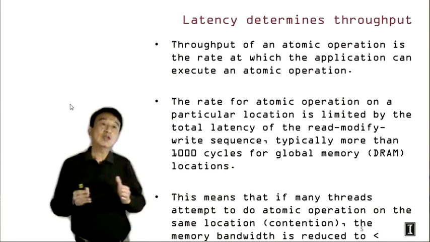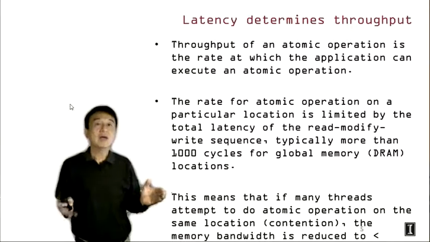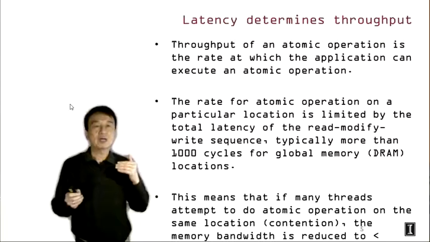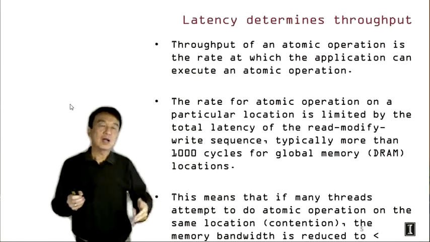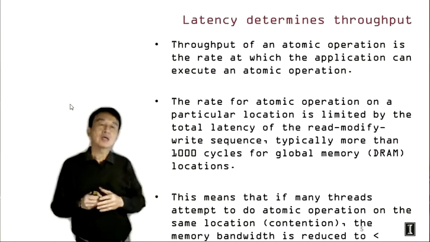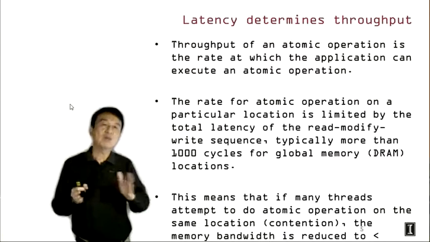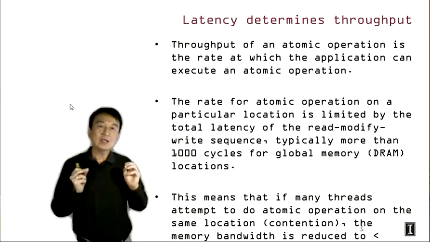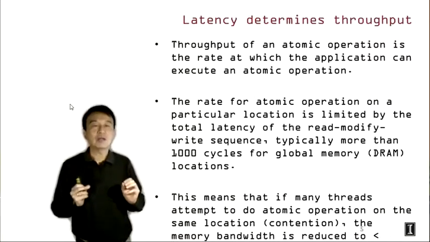Even though individual operations can take a long time, because we have a massive number of threads and zero cycle latency scheduling, we can achieve very high throughput of executing these operations, even though the latency for executing each individual thread's operation can be very long.